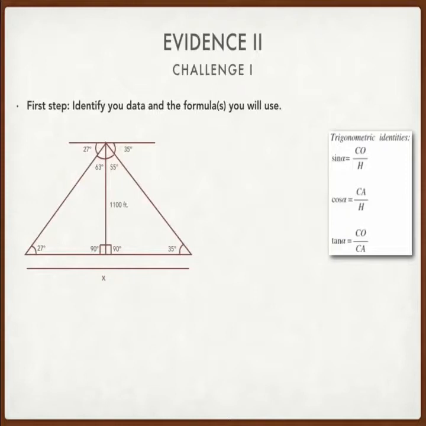For this problem, we are going to use the trigonometric identities, as you can see in the square on the right. The most suitable formula for us in this problem is the tangent. Why the tangent?